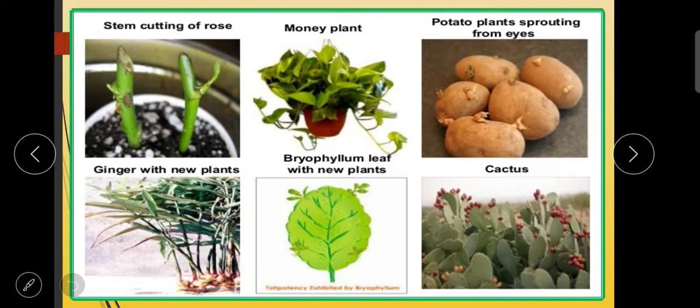So let us see the pictures of these. Rose stem, money plant, potato buds with eyes, ginger, bryophyllum leaf and the cactus can grow without seeds. This is an example of vegetative propagation.